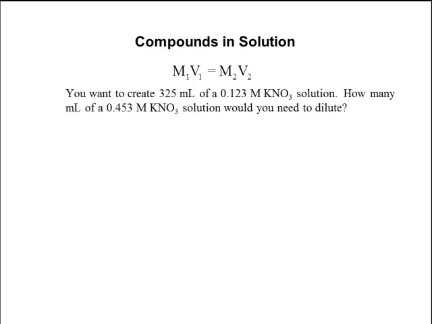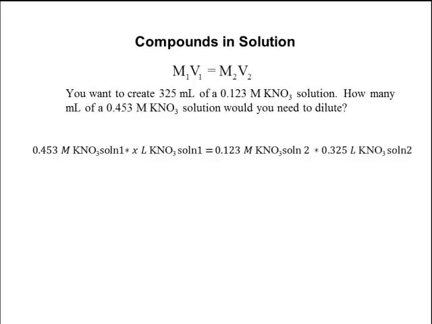So let's set this up. Got my 0.453 molar potassium nitrate solution 1 times the volume that we're going to try to determine of that potassium nitrate solution 1. And that should be equal to the concentration of the dilute solution I want to make, the 0.123 molar, times the volume of that dilute solution.